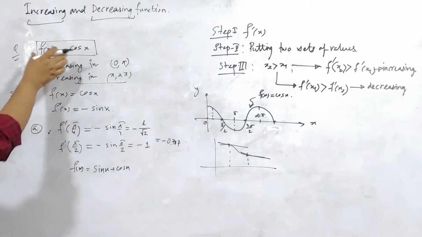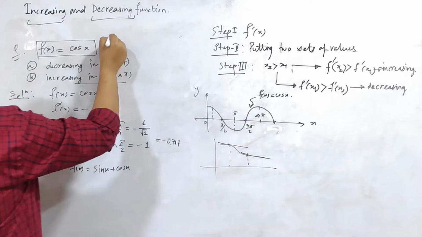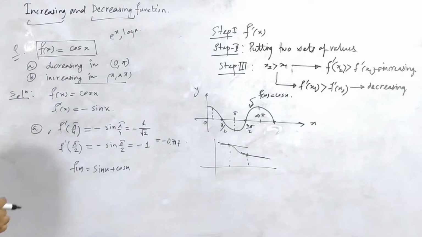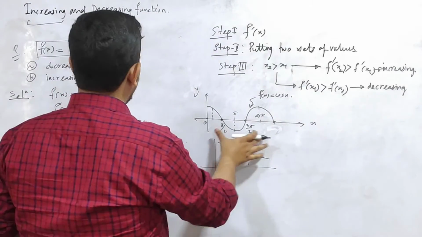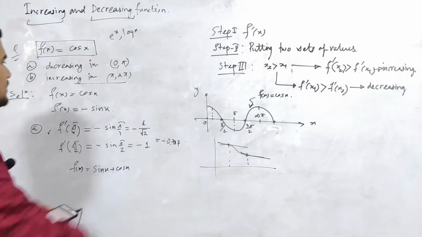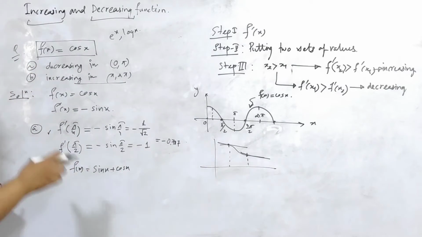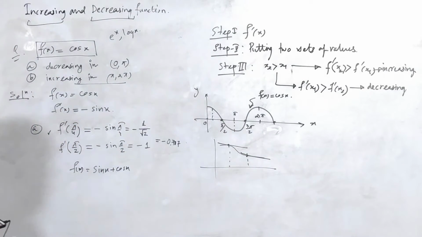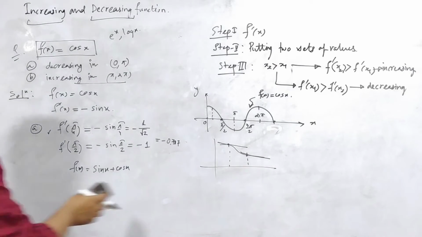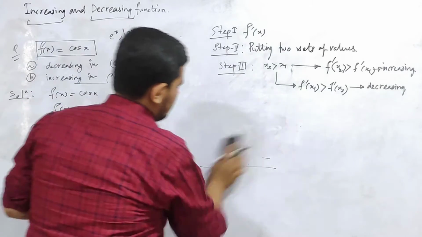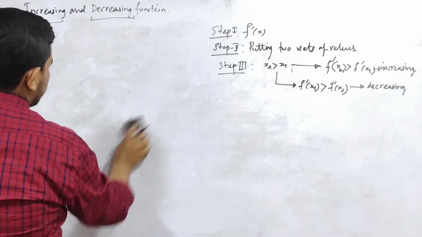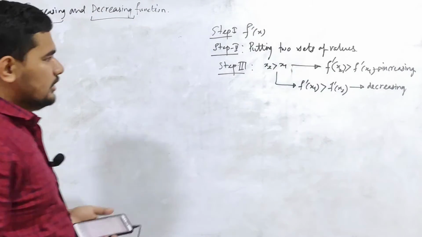But for basic functions like cos x, sin x, e to the x, log x or any kind of things, you can get the sense of the nature of the curve from the diagram also. It is an easy way to solve, and also you can cross check your answer from the graph. So this is the basic concept of increasing and decreasing functions. The basic steps of increasing or decreasing functions are these two only.